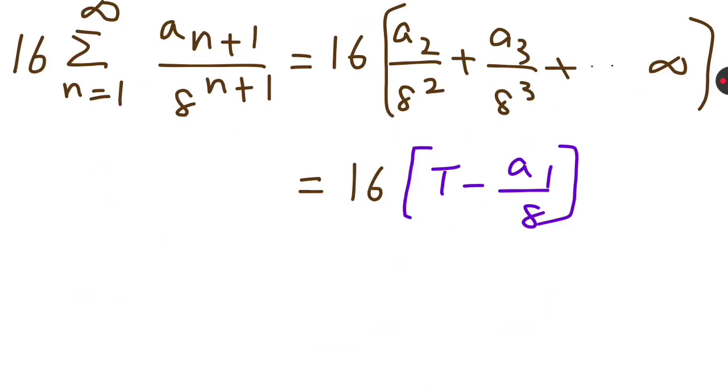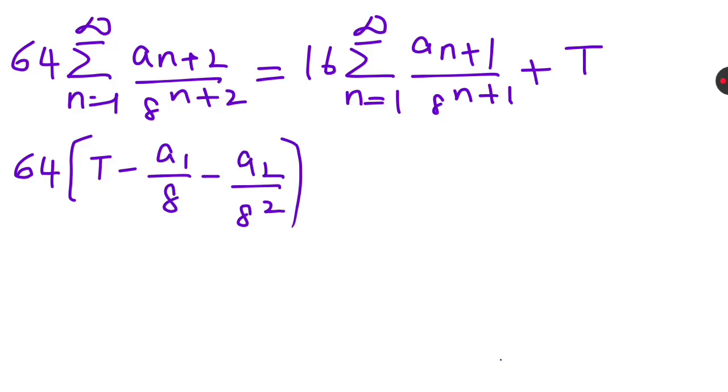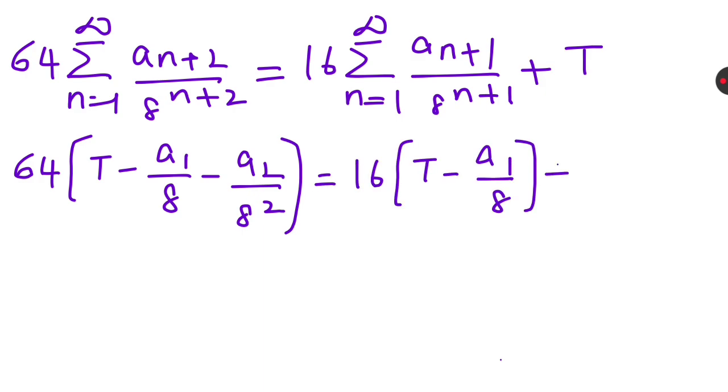Let's write that. 64 times T minus a1 over 8 minus a2 over 8 raised to the power of 2. Right hand side, 16 times T minus a1 over 8 plus T.